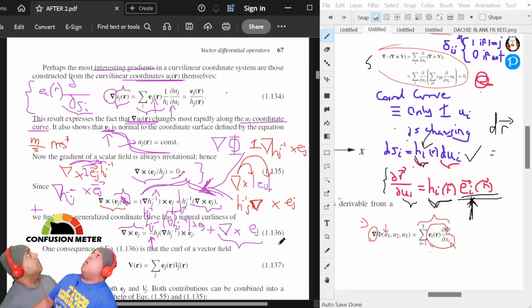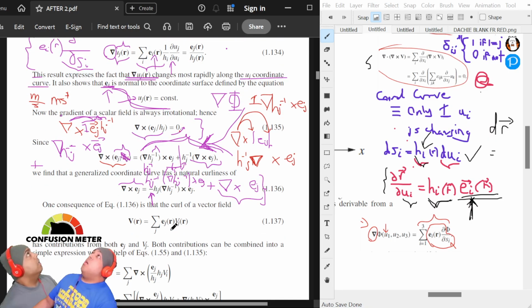Why is this the case? This cross this equals 0. Maybe we're allowed to set this as 0, but then how is this negative? One consequence of this is that the vector VR equal the sum of EJ, VJR, yeah, has contributions from both EJ and VJ.